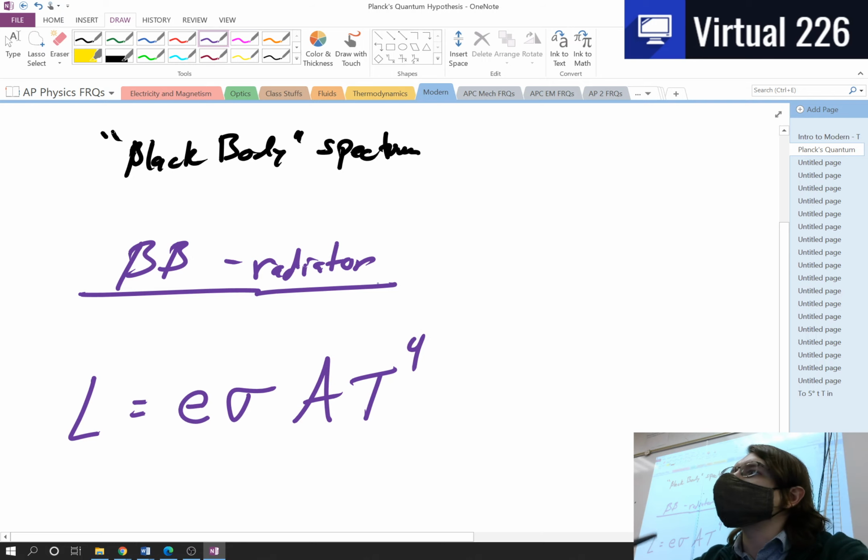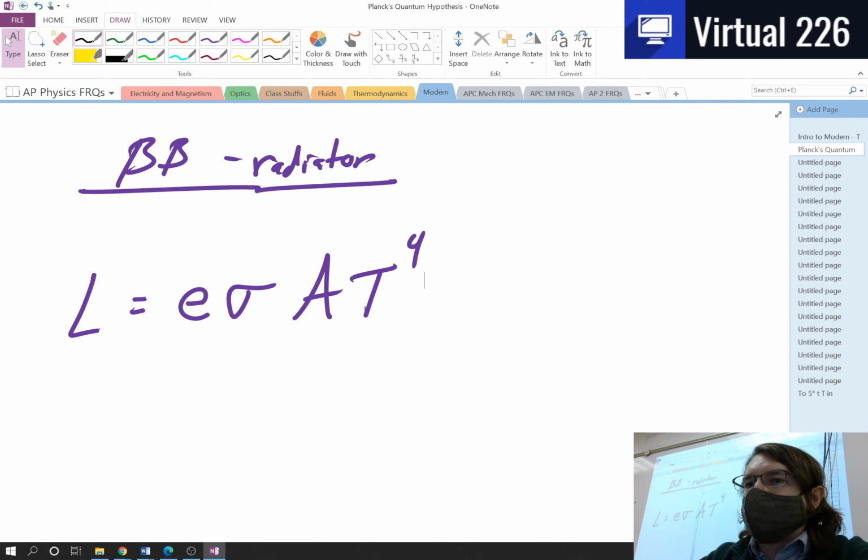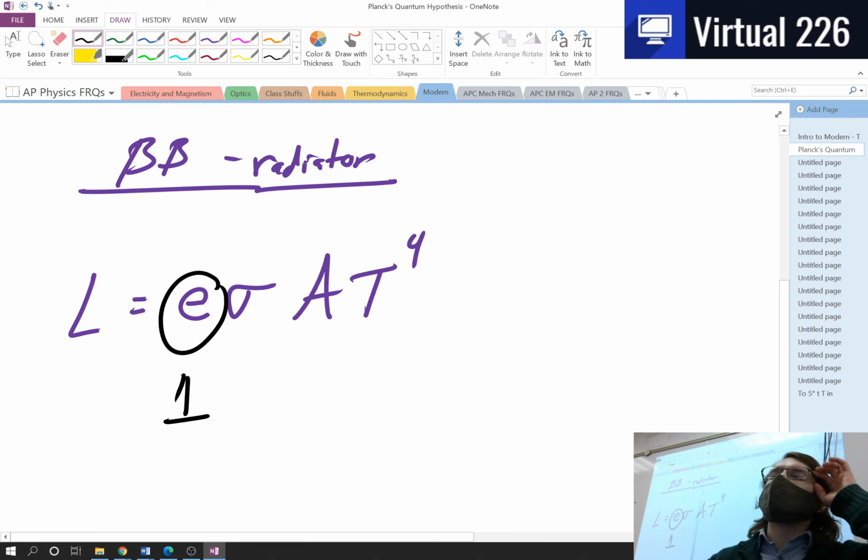We've actually seen this equation previously in this class. We briefly talked about it in thermodynamics when we had the three different types of energy transfer: conduction, convection, and radiation. For a black body system, this emissivity here is just given a 1. Everything is emitted out into space.